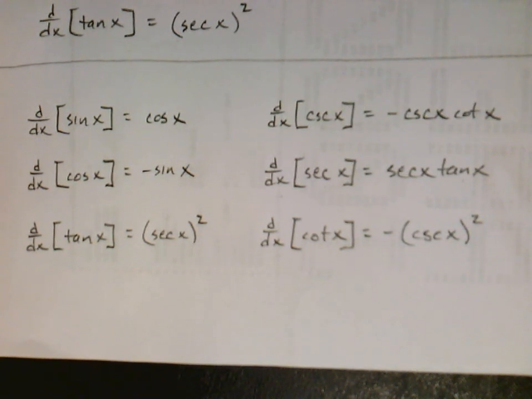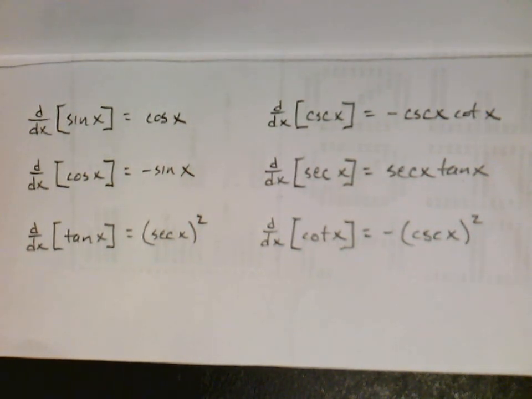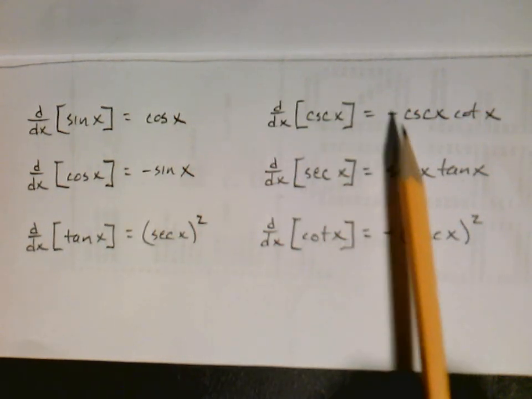So let's take a step back and look at all of these. We'll just look at all of these together and we'll start to see some patterns. First thing you notice is what's negative and what's positive. Which ones are the negatives?